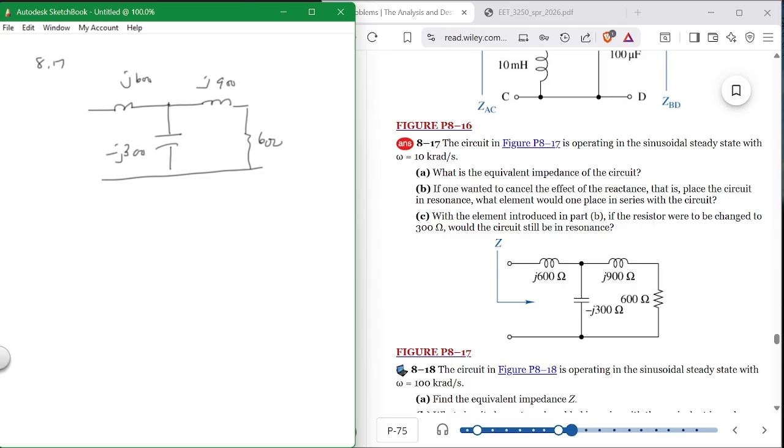Still gives me an error. Okay, so we've got to do it again.